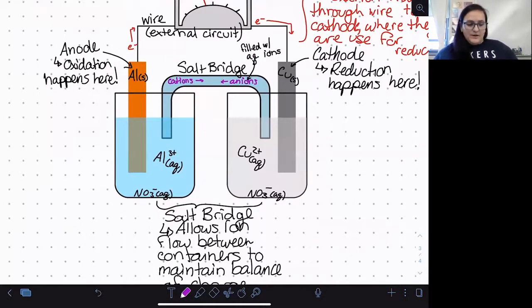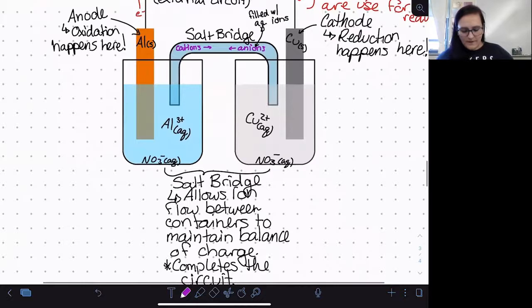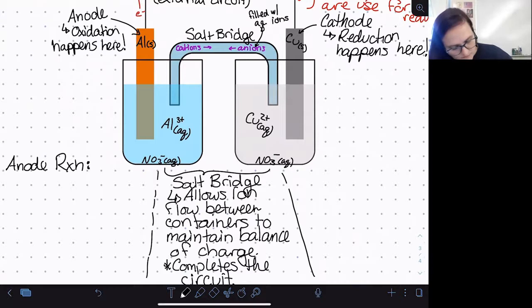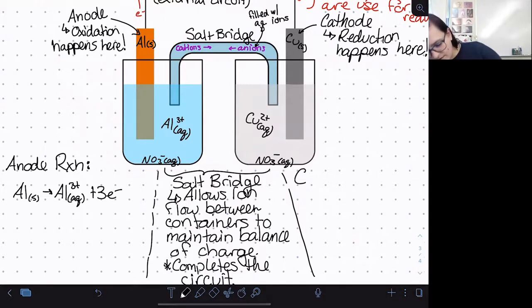So one other thing to think about here is what's actually happening at the molecular level. Just a little refresher for what our anode and cathode reactions were. Anode reaction was solid aluminum reacting to form aqueous ions and electrons.